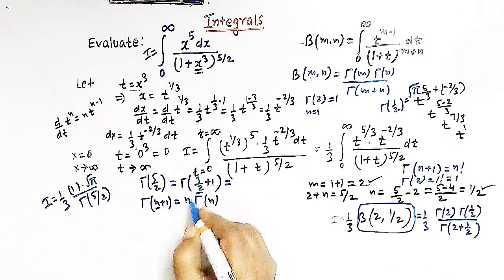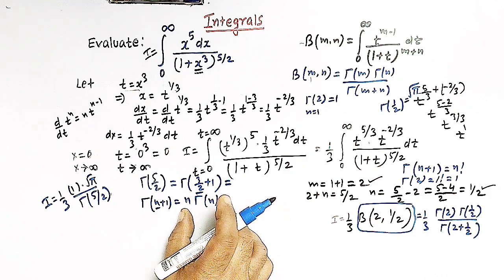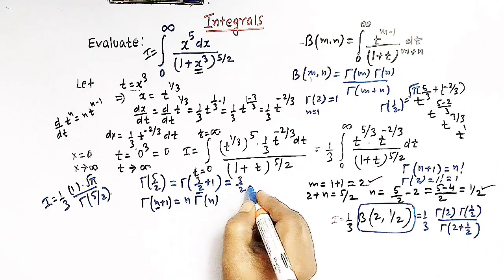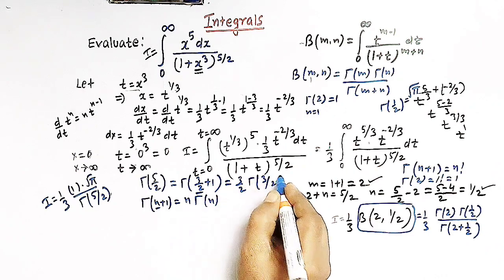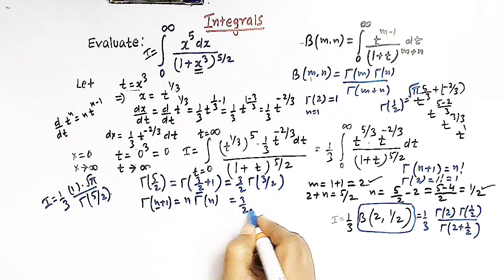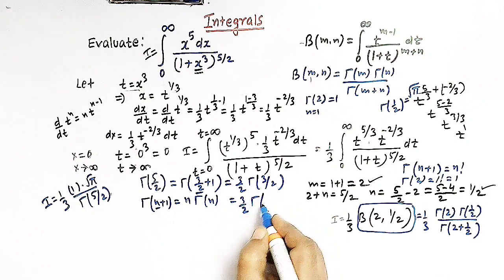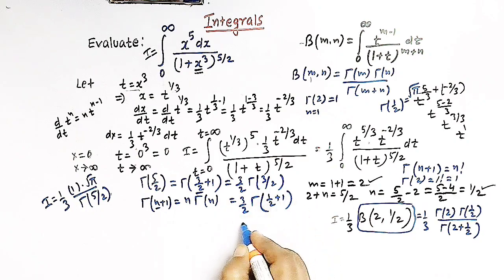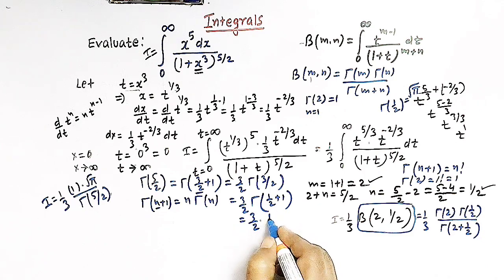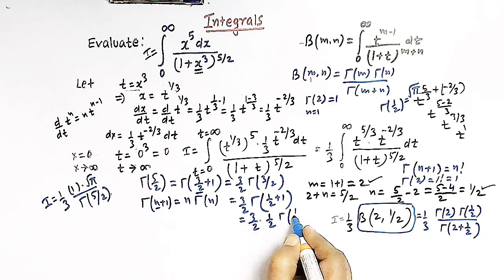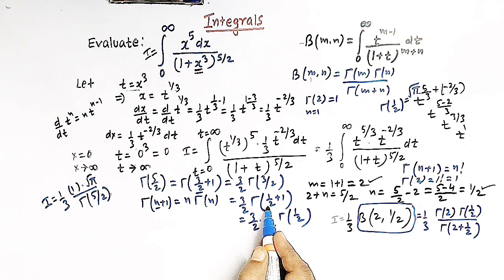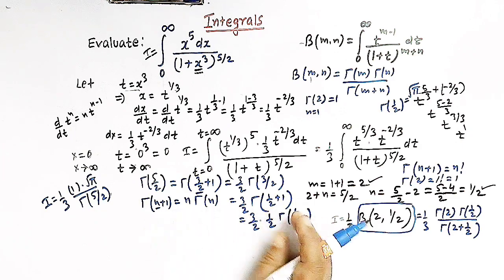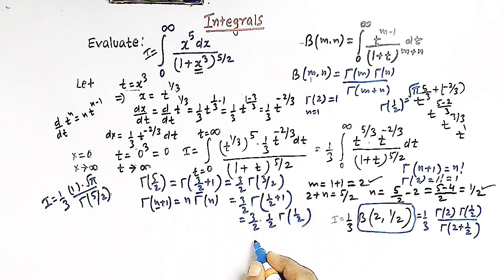So taking n is equal to 3 by 2, in this relation we have 3 by 2 gamma 3 by 2. And further we can split 3 by 2 as half plus 1. So now we have 3 by 2 times half times gamma half. So again applying this result to this expression, we now have 3 over 4 gamma half is square root of pi.